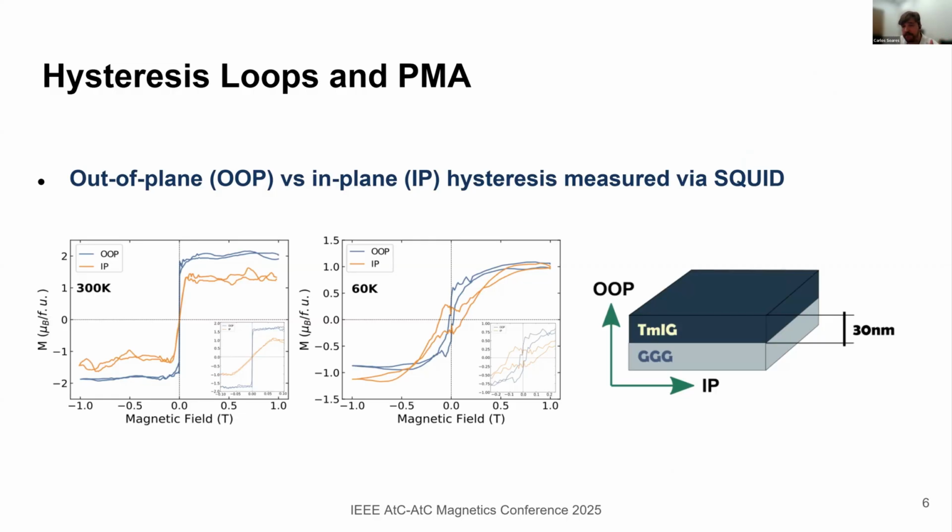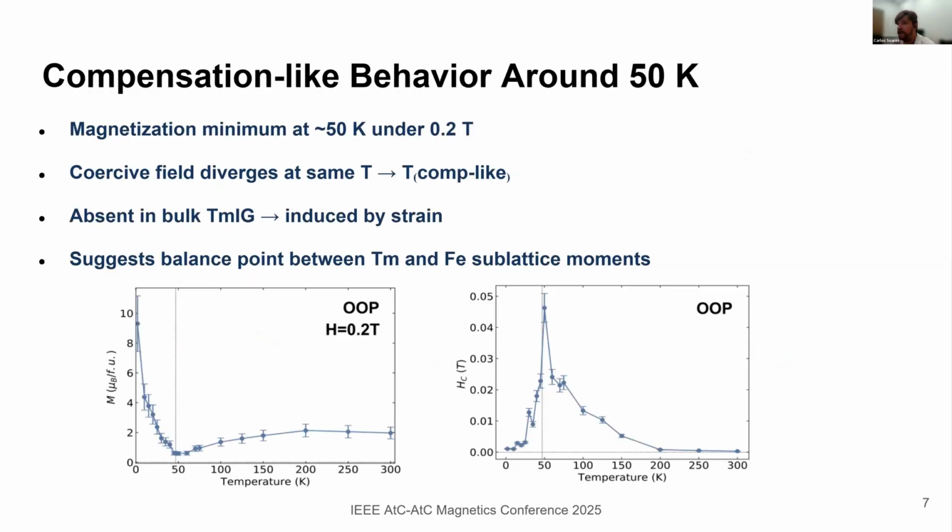We have a large PMA with the 900 Celsius annealing preparation. And you see the system's coercivity increases when you decrease the temperature. It has some signature related to the compensation.